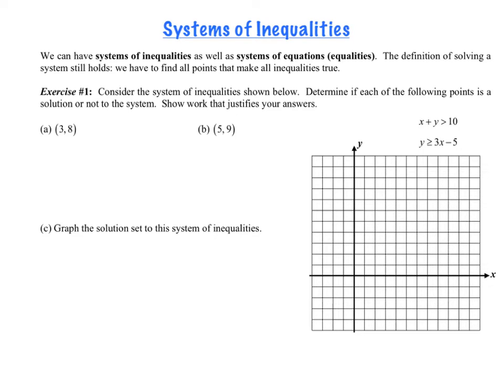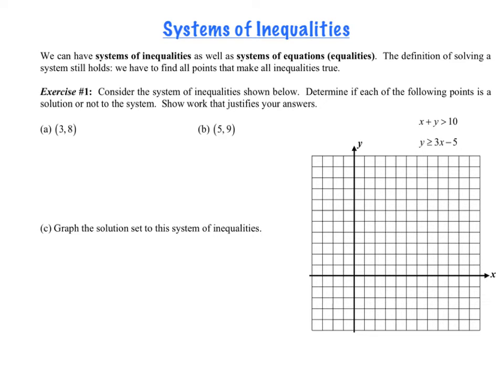And remember, when we graphed just an inequality last class, you had a whole slew of solutions, okay? You were shading. Everywhere where we shaded was a solution. Well, now if we graph two of those, the overlapping shaded areas become all points that work in both inequalities.